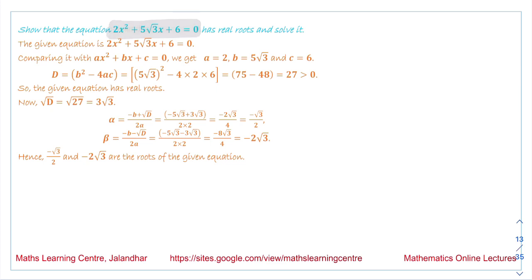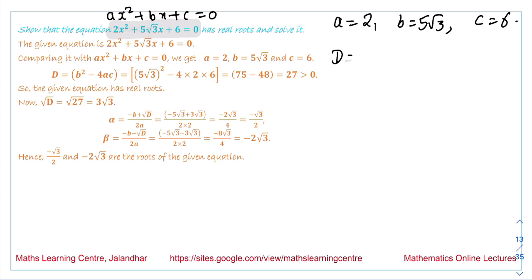Next is to show that this equation has real roots and we have to solve it. Again, we compare it with ax square plus bx plus c is equal to 0. So we get the value of a is 2, b is 5 root 3 and c is 6. So the value of discriminant is b square minus 4ac, that is equal to 5 root 3 square minus 4ac.